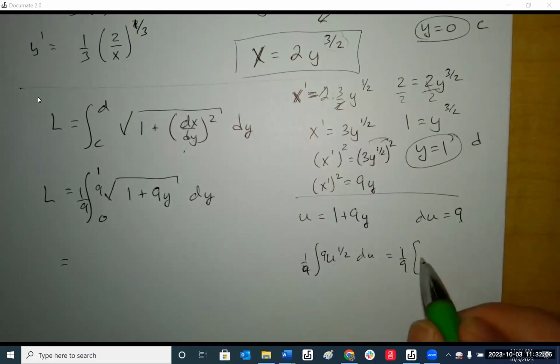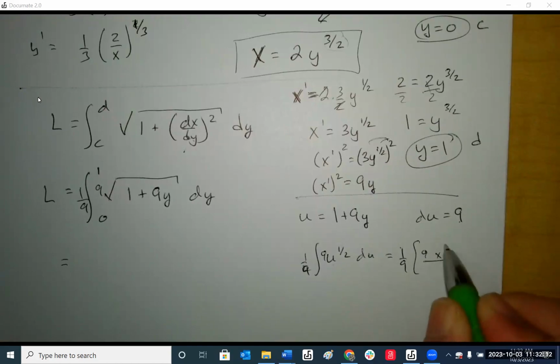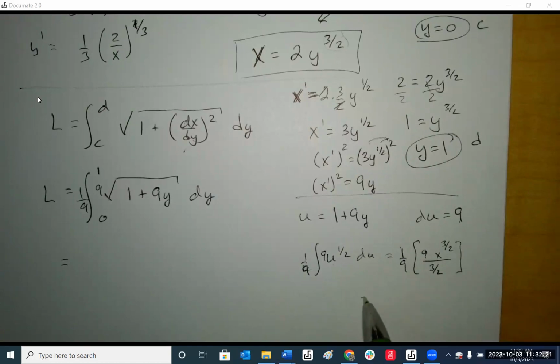So the integral of this becomes, add 1 to the top, makes it 3/2. Nine over 1 times 2 over 3, to the power 3/2.